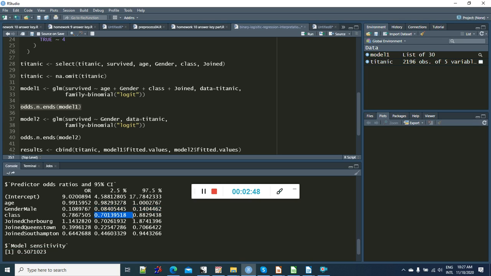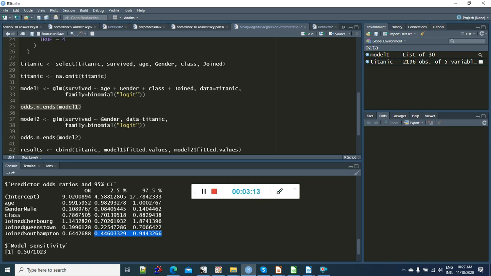And for class, we also see that a higher numeric class, meaning second, third, or fourth class in the case of crew, gave you a higher risk of death. And as we also saw, there were a few places where you could have boarded, Queenstown and Southampton, where you had a higher likelihood of death.